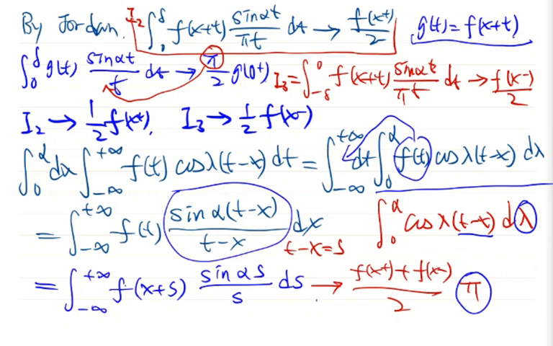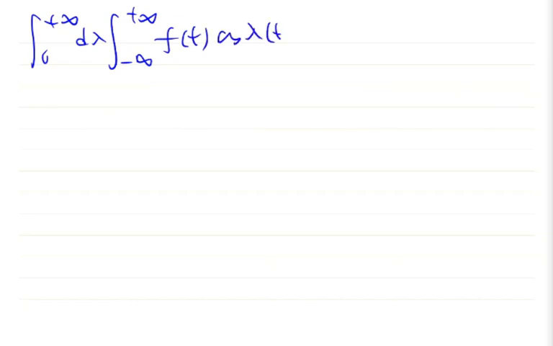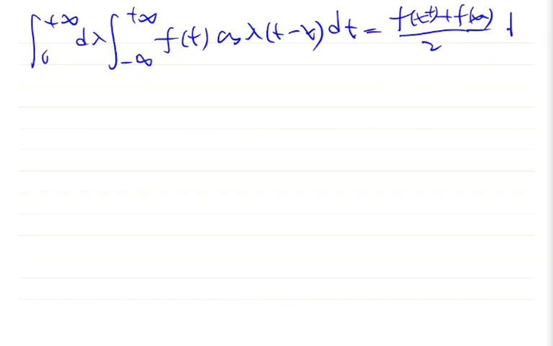this limit is valid when alpha goes to positive infinity. When alpha goes to positive infinity, the left hand side is the integral from 0 to infinity. So we obtained that the integral from 0 to infinity d lambda, of the integral from minus infinity to positive infinity of f(t) cosine lambda(t minus x) dt, is half of f(x plus) plus f(x minus), times pi.